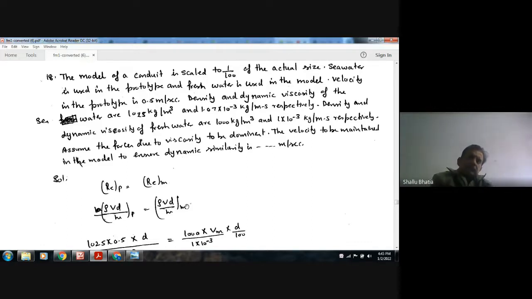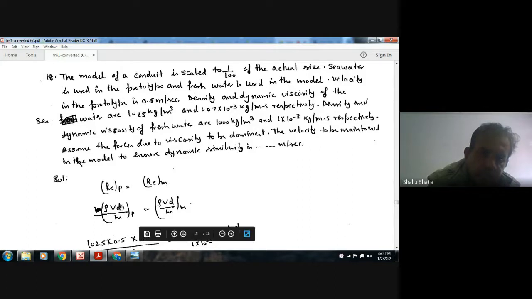As the viscous forces are predominant, we have to use the Reynolds number. So equating the Reynolds number of prototype and model, we use rho v d by mu equal to rho v d by mu. For the prototype, which uses sea water, rho is 1025, viscosity is 1.07 into 10 to the minus 3, and v is 0.5, and d is given by the scale, 100.